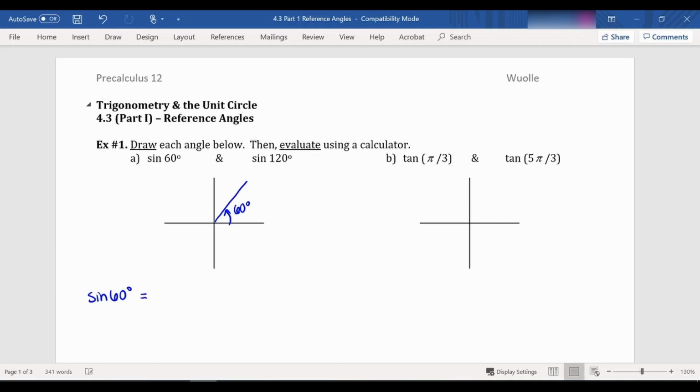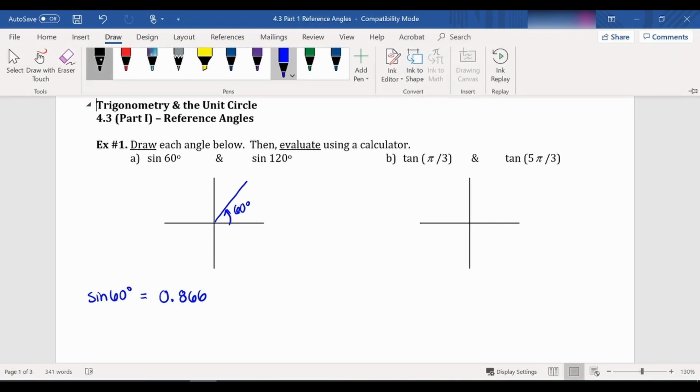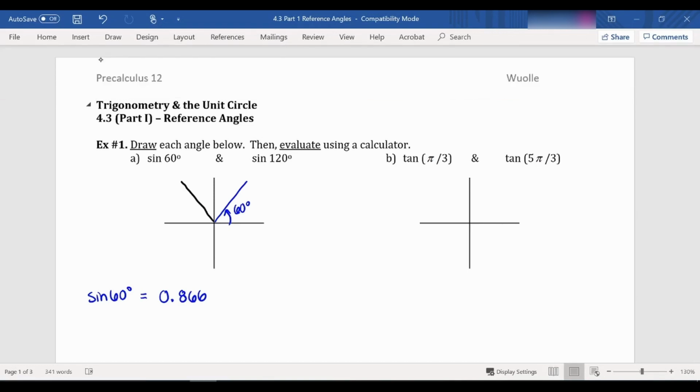And if we do that, we should get 0.866. The next one is 120 degrees, which is in quadrant 2. 120 degrees would go over here. And we're going to do the same thing, sine of 120 degrees in our calculator, and we should get the same answer, 0.866.